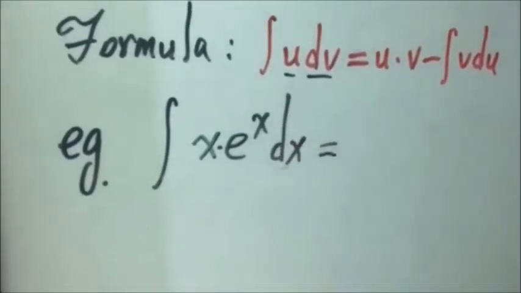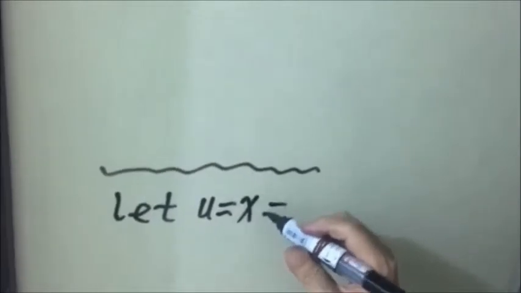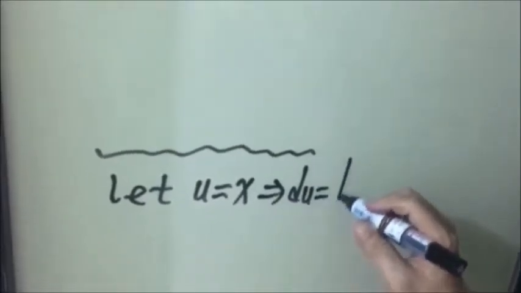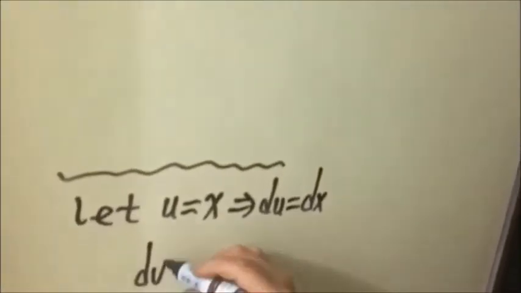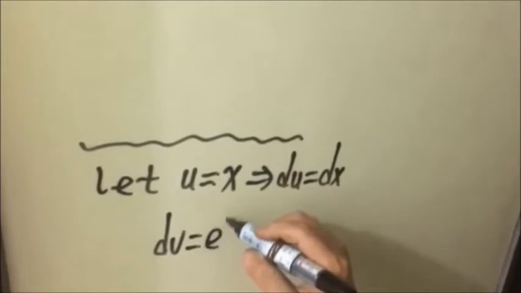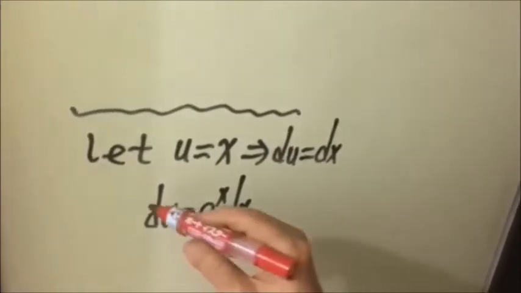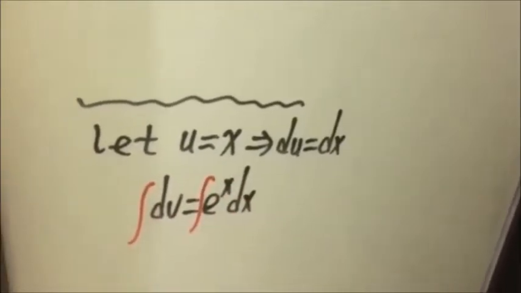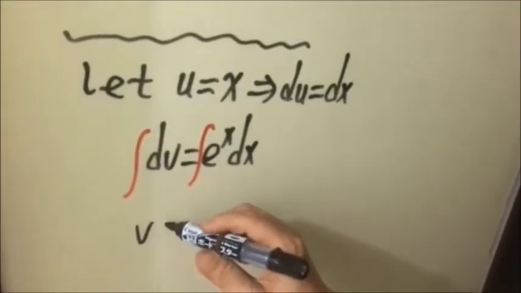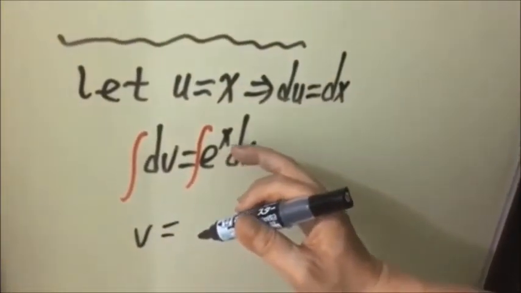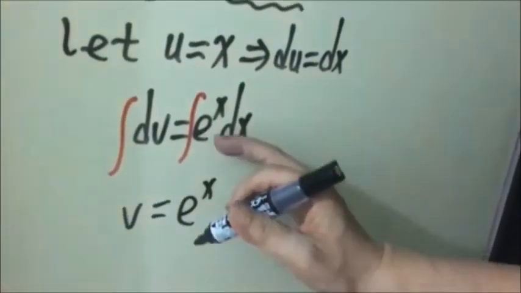First we let u be equal to x. Then du is dx. And we let dv equal e to the x power dx. Then we change the color to red. If we integrate both sides of the equation, on the left we get v, and on the right-hand side the integral of e to the x is the same as the original, e to the x.